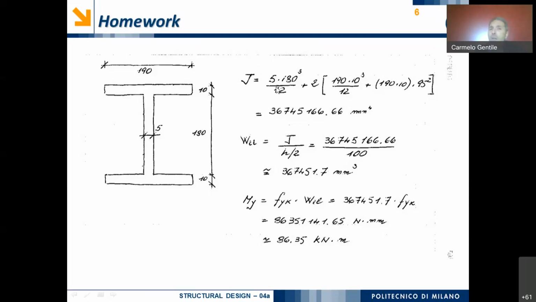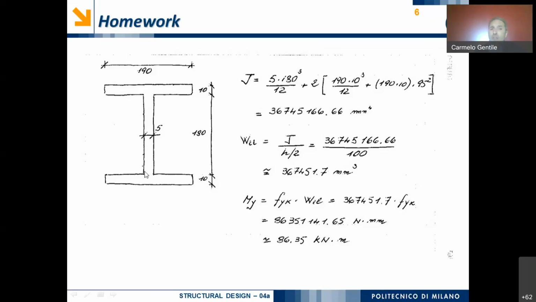Of course, we have to consider our cross-section as divided in three rectangles. The first rectangle is the web, thickness 5 millimeter, height 180 millimeter. So the inertia moment is thickness 5 times 180 cubed over 12.